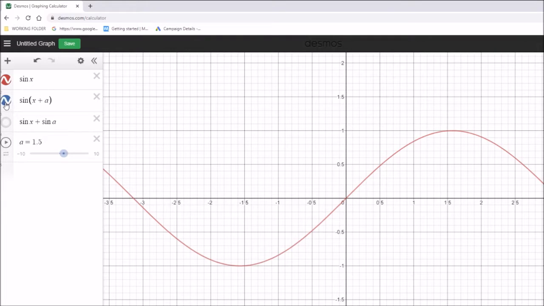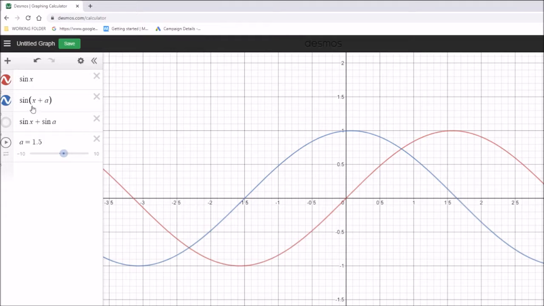If we click on this here, we'll give the option of adjusting the value of a. Now we know from what we've done with manipulating functions that if we had the value of f of x plus a, well, plus a would be equivalent to taking the function and shifting it to the left, and minus a would shift the function to the right.